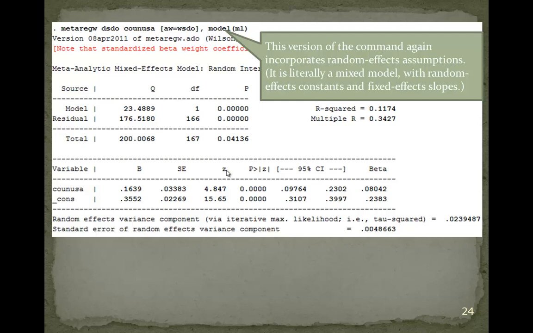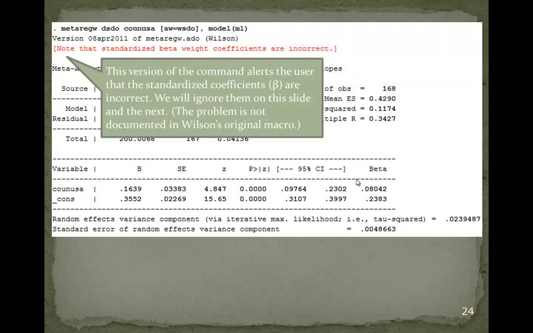If it had multiple categories, it would be more complicated to fit, and I'm not going to show you an example of that right now, but maybe we can follow up with that in class and I can show you how you would do it. So the model being run in this case incorporates random effects assumptions just like before. So that's the mixed effects version.